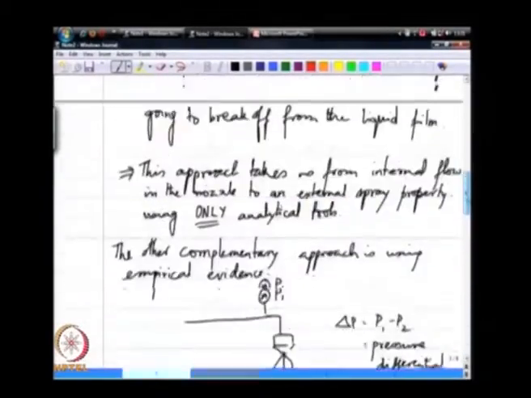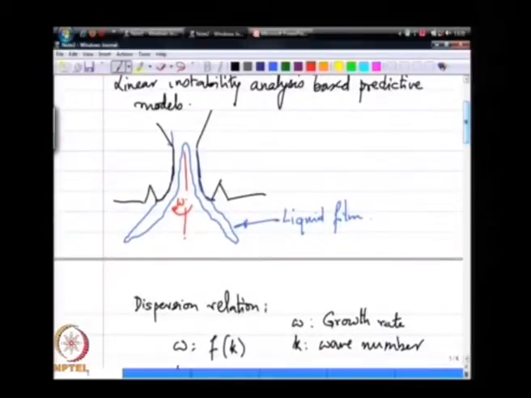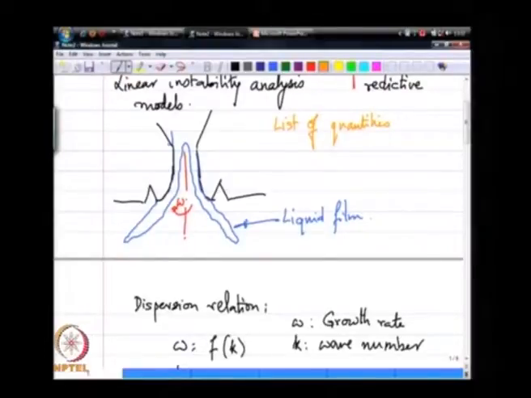If I go back to my simple model of a liquid film exiting the simplex nozzle, and I want to make a list of all the quantities that are my design variables. So, in this simple problem, let us say a list of dimensional quantities that are important.